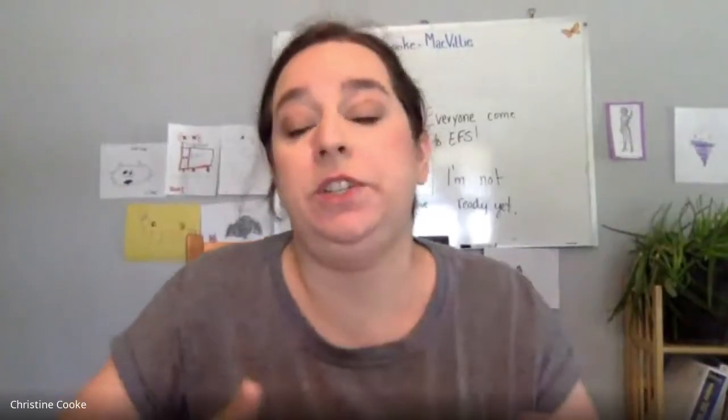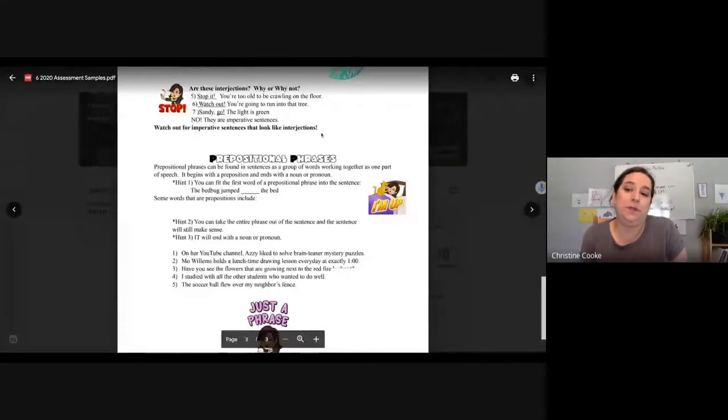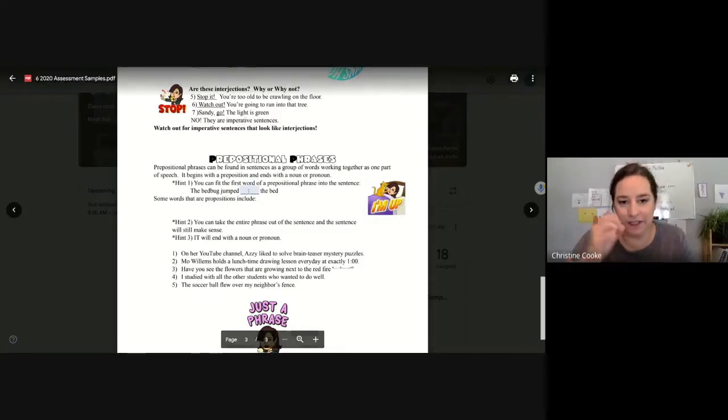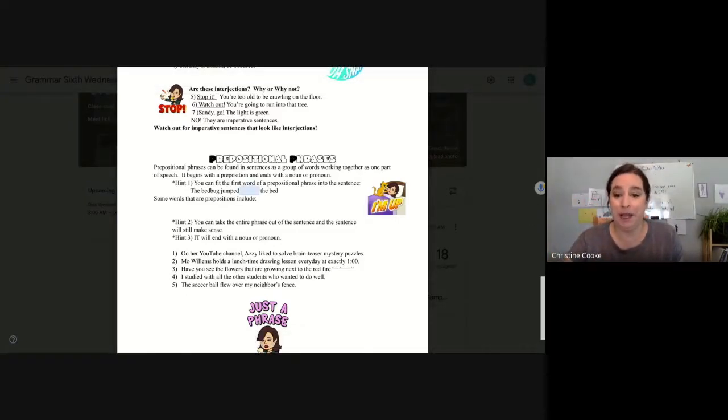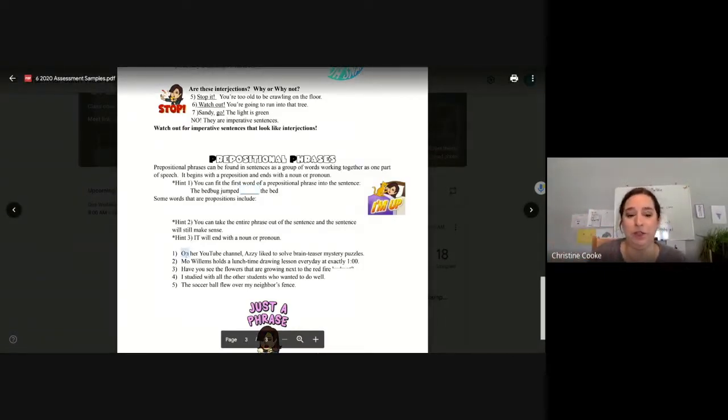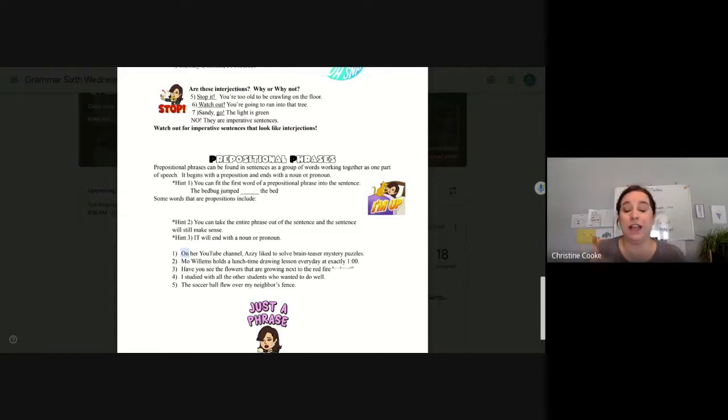So it's going to be prepositional phrases, and it will say to find the prepositional phrase in the sentence. Now, the biggest mistake people make historically on prepositional phrases is that they just tell me the preposition. They say the bed bug jumped blank the bed, and the word on would fit there, so my prepositional phrase is on. No. That's your preposition. The prepositional phrase is all the words that go with the word on, all the way up to your object.